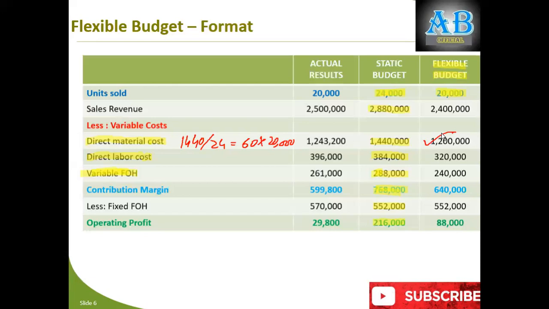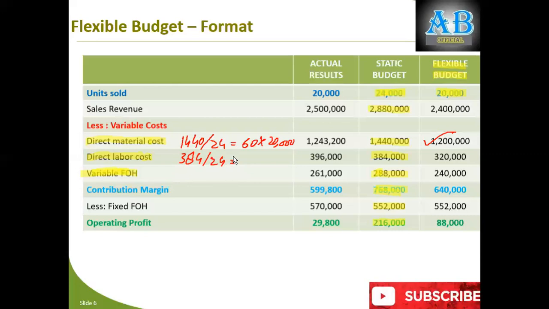Okay. Again, direct labor cost. In this very simple question, you have identification which cost is variable, which cost is fixed, and here you don't have case of semi-variable, but in some complex questions you may have case of semi-variable, variable, and fixed. Like direct labor, it is 384 divided by 24 activity level.